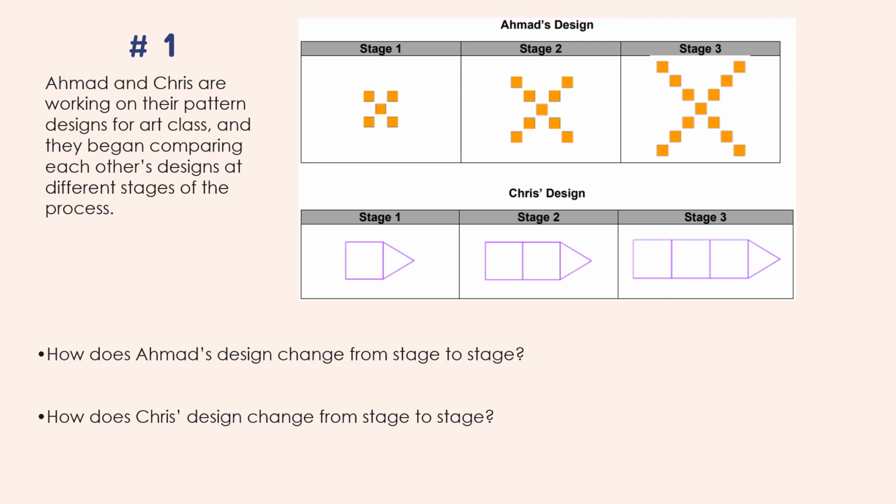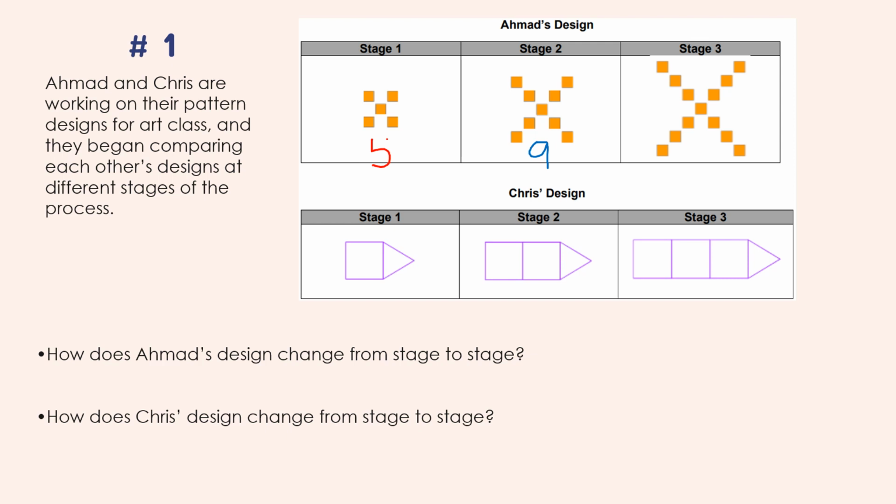What's happening here? So if we look at Amod's design, you kind of see this X growing. In stage 1, we have a total of 5 squares. And in stage 2, there are a total of 9. So we added 4 to get from stage 1 to stage 2.